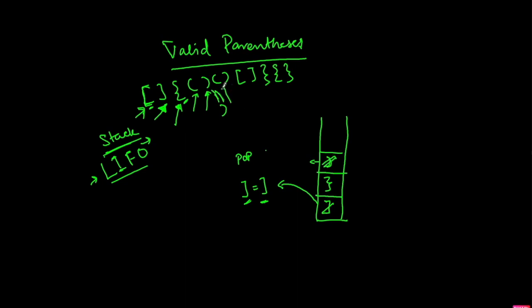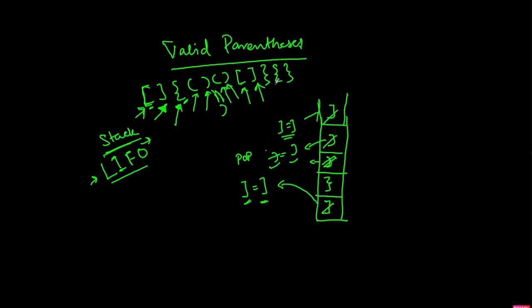Let's move forward. Now we have another open parenthesis and open bracket, so we'll push the closed ones. The next is a close, so we'll pop and match it with this. These two are equal, so move to the next. Now this is an open square bracket, so we'll push the close square bracket. Next we'll pop and match, these two are equal, so this is popped.